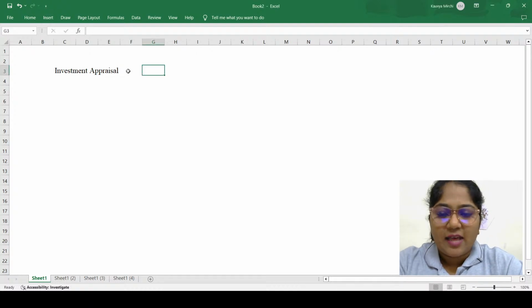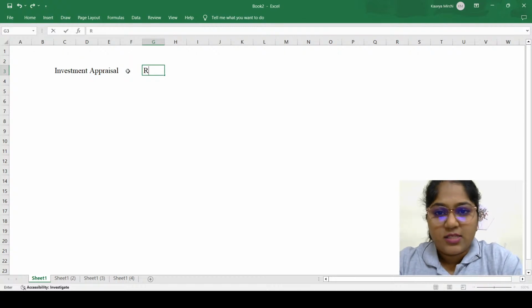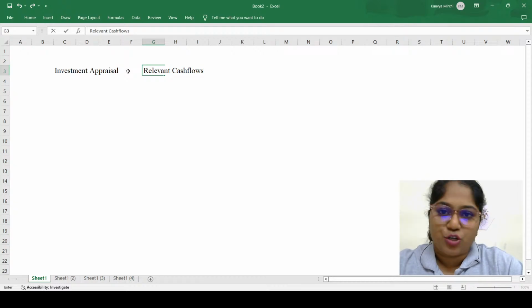Great. So let's understand what adjustments you can expect in investment appraisal. The first thing you need to know is how relevant cash flows work for the calculation of NPV.